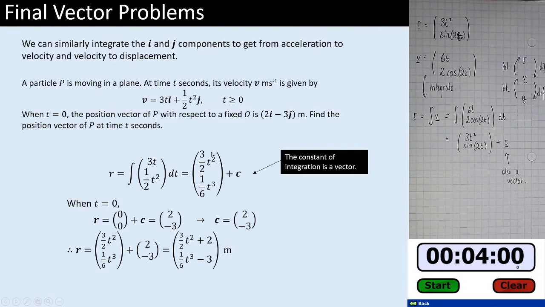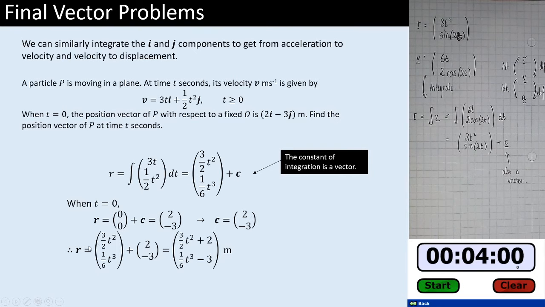So when t is 0, substituting 0 into this vector, we get that our position vector is 0, 0 plus our constant vector. And that should equal 2, negative 3, because that's what we're told our position vector is when t equals 0. So that means that our constant vector is 2, negative 3.